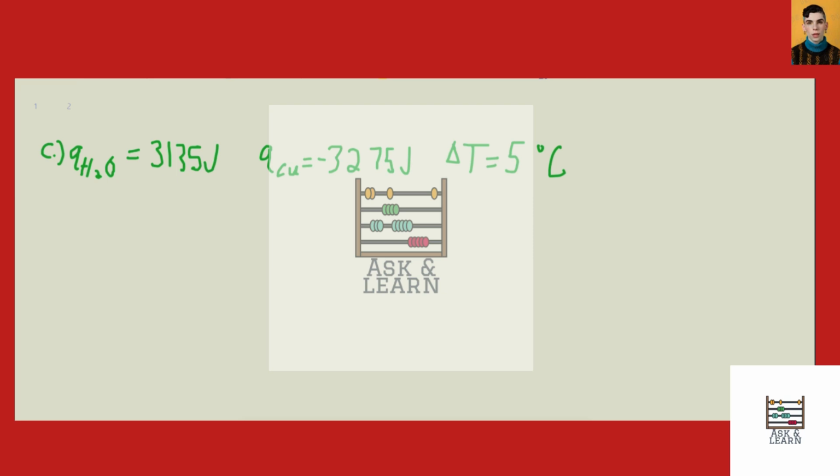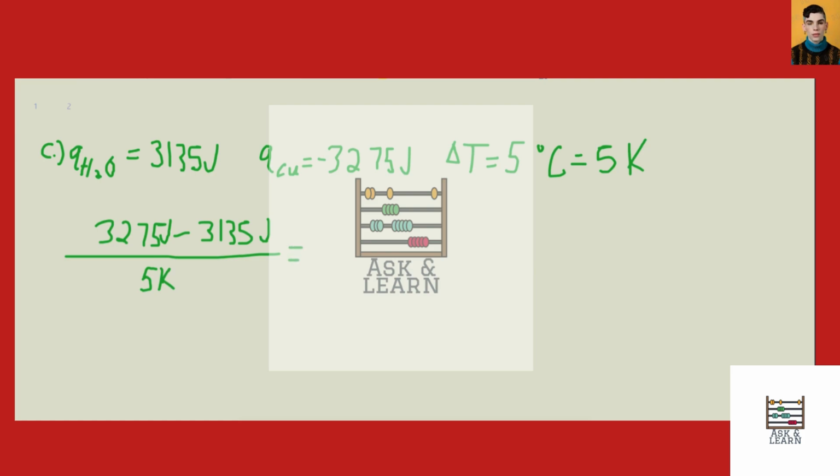So now this is actually very simple. We're going to have 3,275 minus 3,135 joules. We don't have to care about the sign; we can make it positive because we just care about the difference between these two magnitudes. So 5 degrees Celsius is also equal to 5 Kelvin.